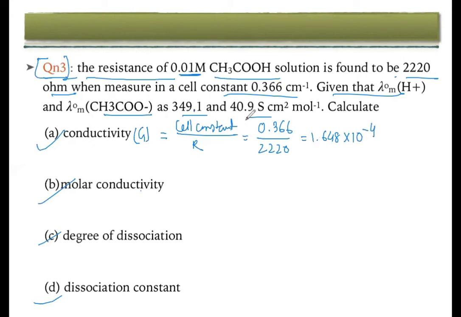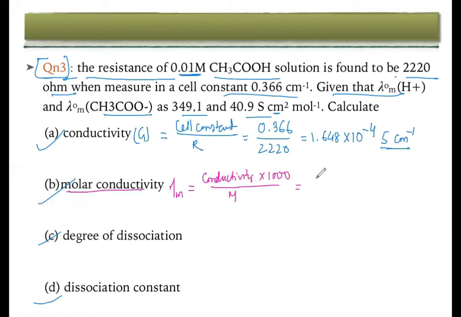What is the unit? The unit is Siemens per centimeter. Here it is centimeter because centimeter is given. Next, we have to find the molar conductivity, that is lambda m. As we already know, molar conductivity is given by conductivity into 1000 divided by molarity.